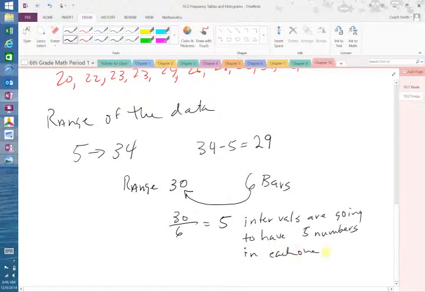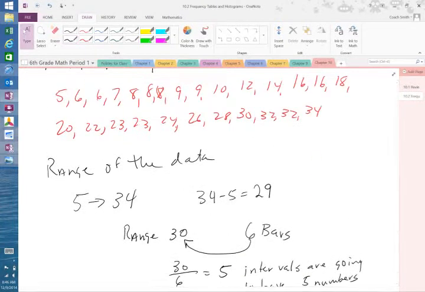What I mean is this. Our first interval would be 5 to, 5, 6, 7, 8, 9. So 5 to 9 would be our first interval. What's after 9? 10. So 10 to 14 would be our second interval.